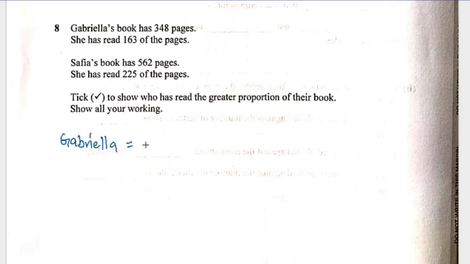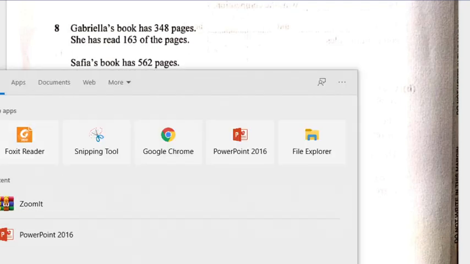So I'll write here. Okay, she has read 163 pages out of 348. Then this one you convert to percentage. Okay, then we see, where is my calculator?